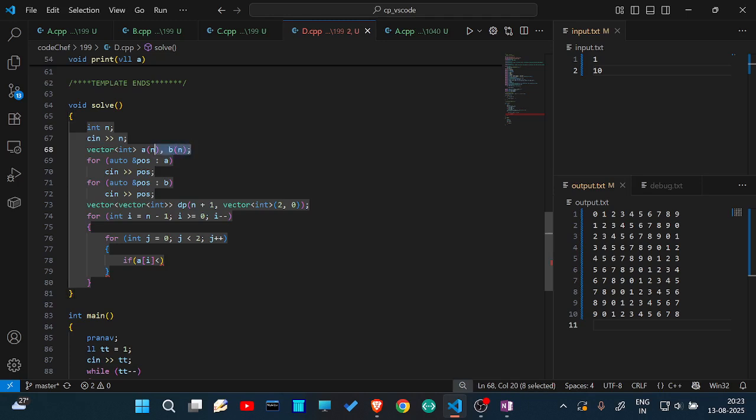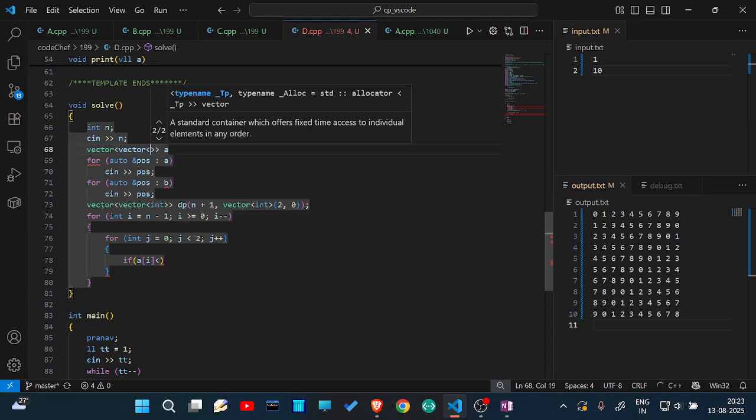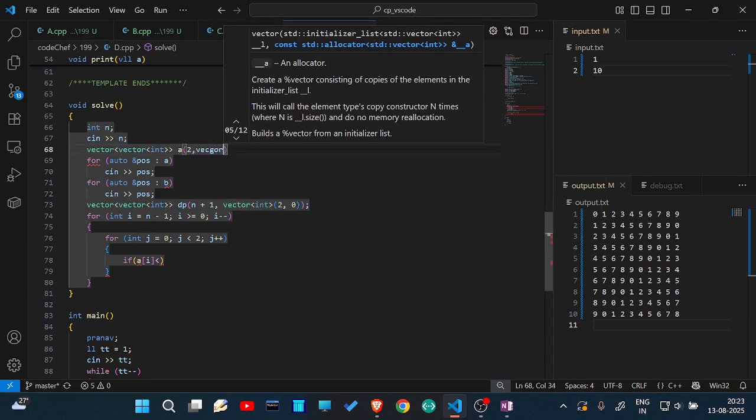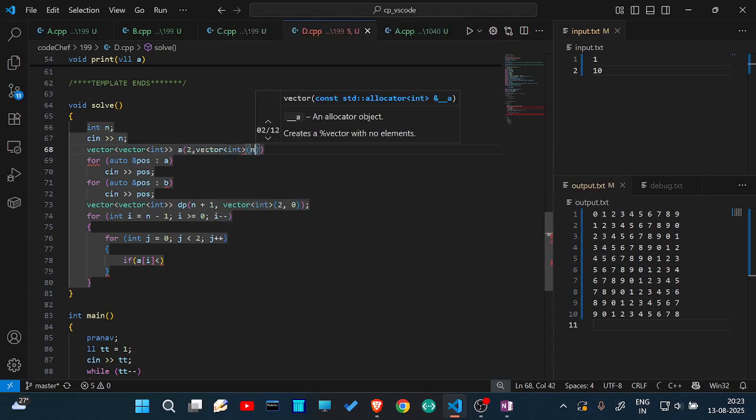We can define a matrix instead of both of them. Vector of int, and it's going to be of size 2 and vector of int, that's going to be of n.